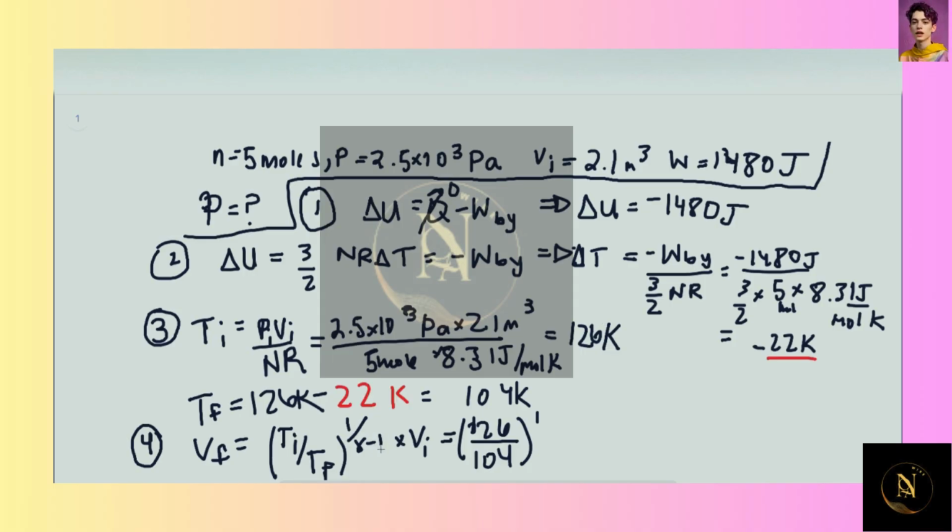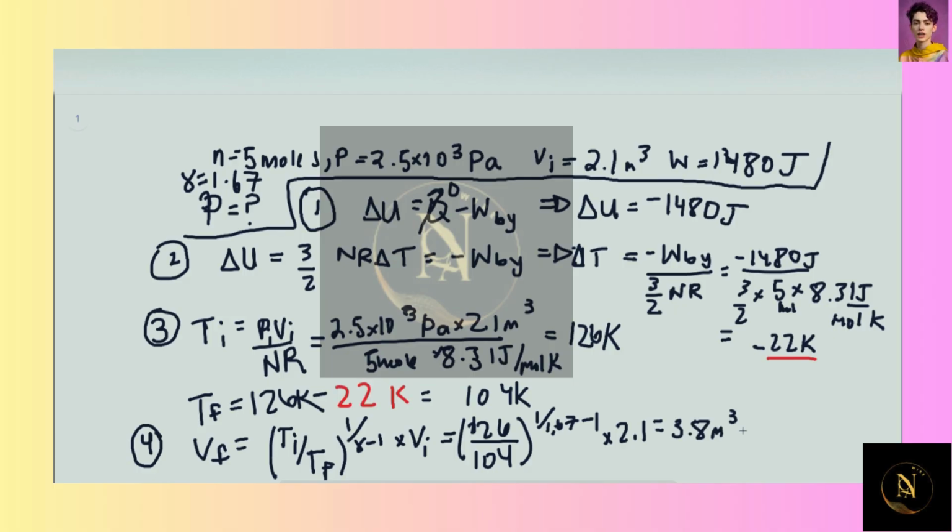So I'm going to scoot that into the givens up at the top. Then you do 1 divided by 1.67 minus 1, and you want to multiply that by the initial volume, which is 2.1. And with that, you get 3.8 meter cubed.